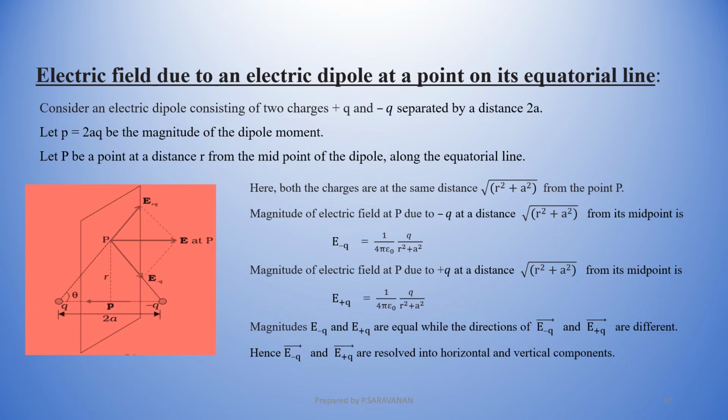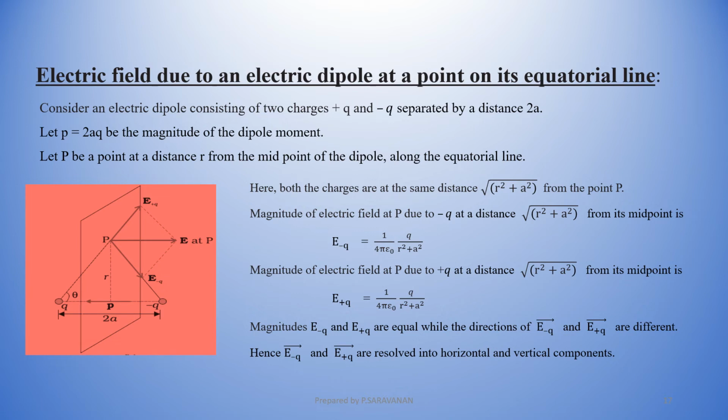Also, you please note down, in this case, the point P is at equal distance from both plus q and minus q. Here, both the charges are at the same distance, that is square root of r square plus a square from the point P. Because it is a right angled triangle formed by the point P with the two charges.